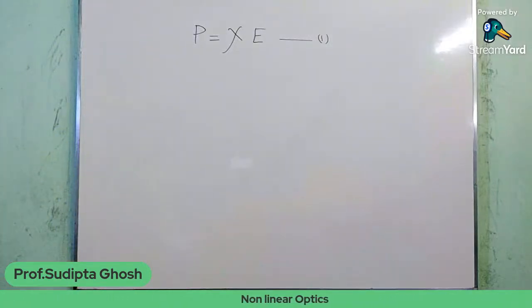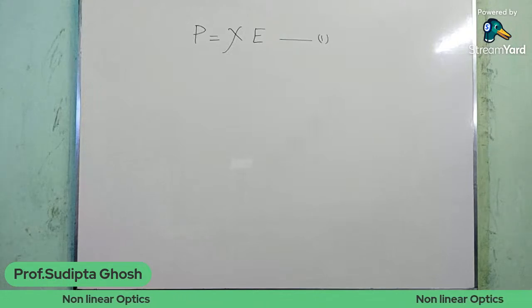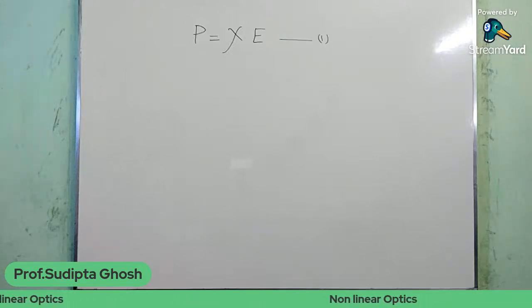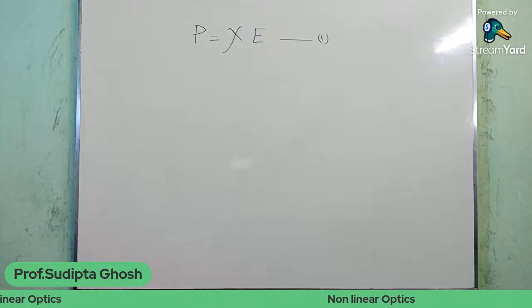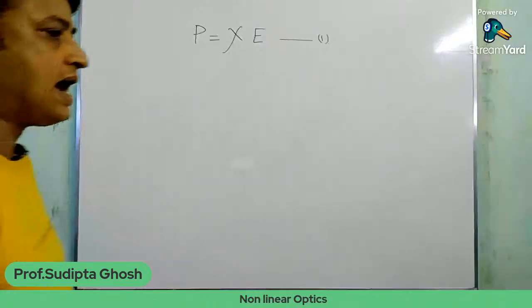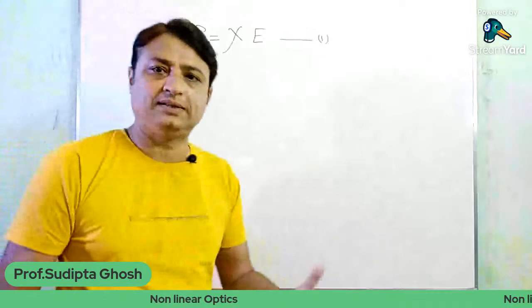dielectric susceptibility. So if the polarization vector capital P does not depend on the electric field intensity, capital E, then the refractive index of the medium will also not depend on the intensity of the electric field. So here I am talking about two different things.